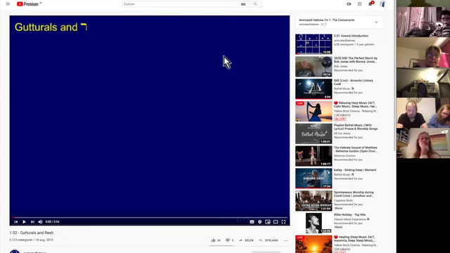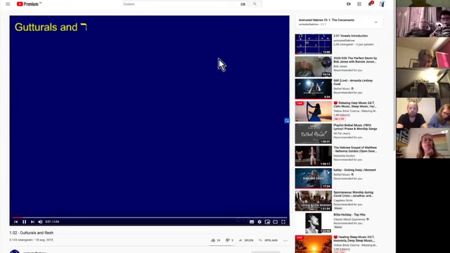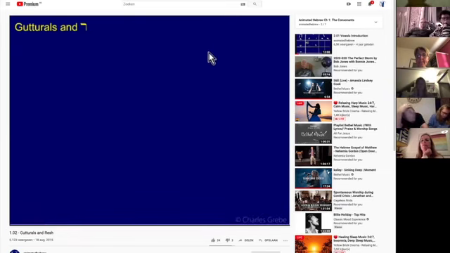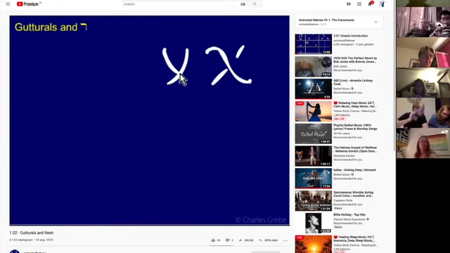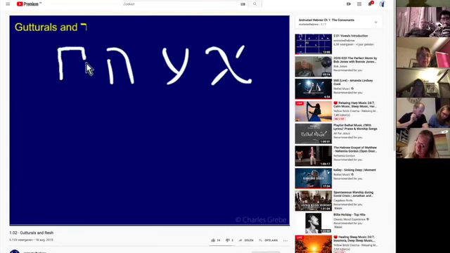Let's turn it to the side. Gutturals and resh. 4 of the Hebrew letters, consonants, are gutturals. These are Aleph, and Ayin, and Hey, and Chet. They're called gutturals because they're pronounced near the back of the throat, or at the back of the throat.